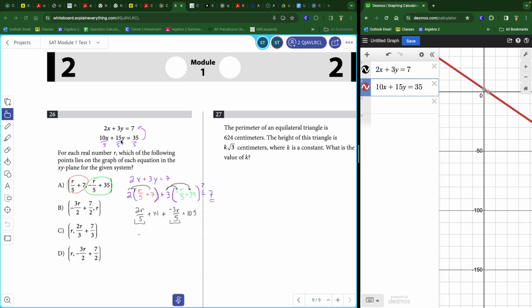It's going to be like negative 1r over 5. These two equal 119. And this just does not equal 7. I could still multiply both sides by 5 just to see if it would make it true, but it's just not going to. We're going to get something else. So we're not getting a 7 there, so that didn't work.